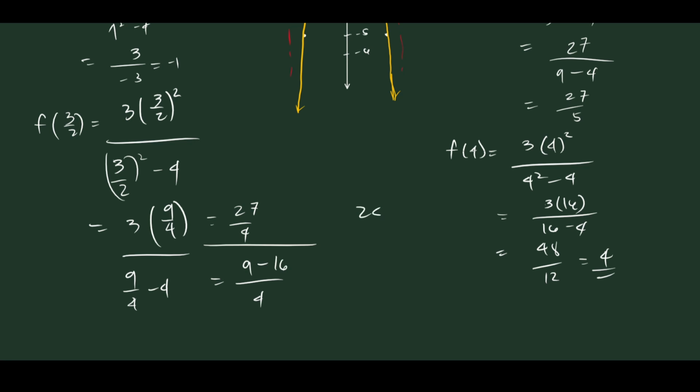So we have 27 over 4 divided by negative 7 over 4, right? So this is negative 27 over 7. Now, what is that? That would be about 3 something, right?